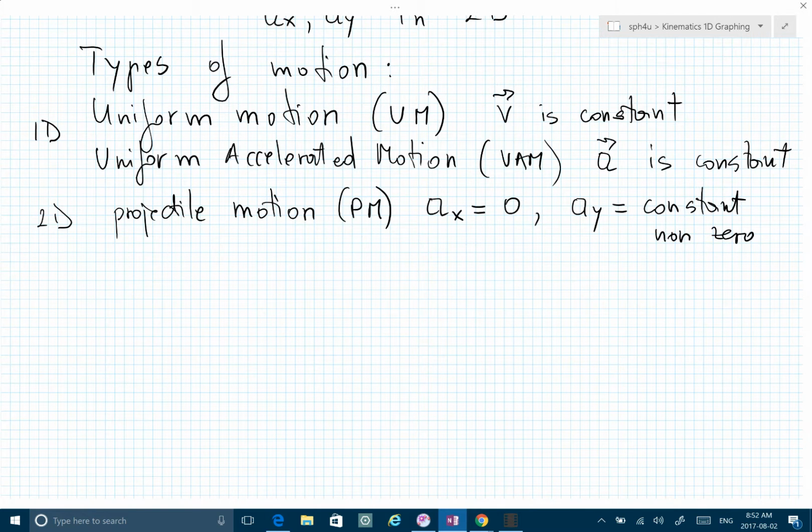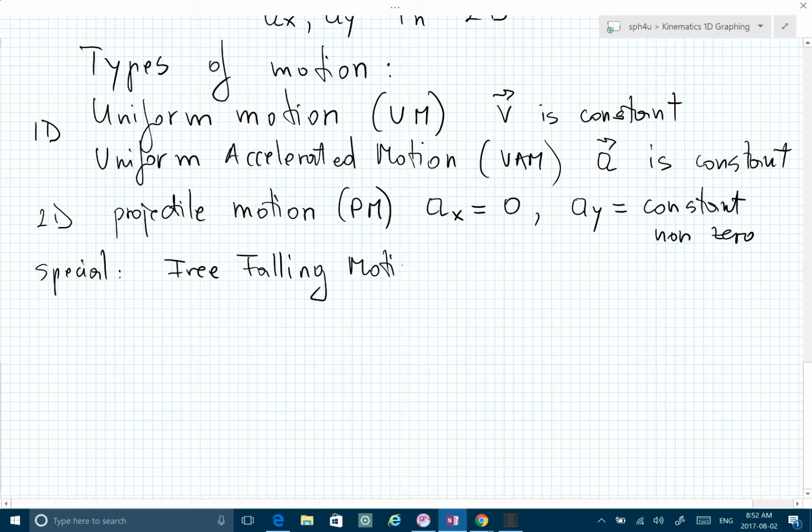All right. A special one that we deal a lot with, and it's easy to work with, is a great example of uniform accelerated motion: free-falling motion. I use the acronym FFM, and in here, the acceleration is actually the acceleration due to gravity. On Earth it is 9.8 meters per second squared.